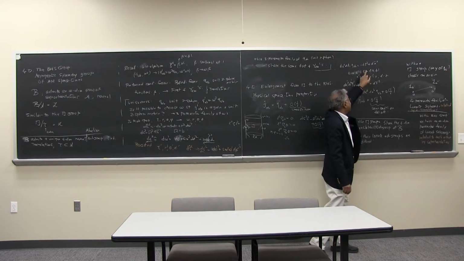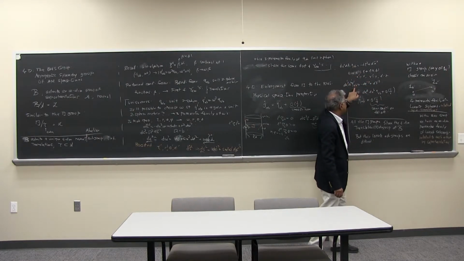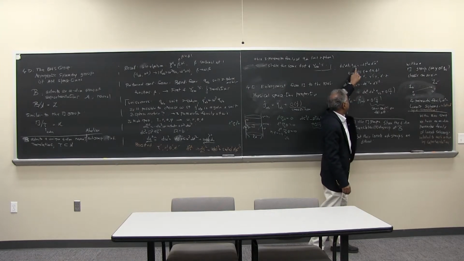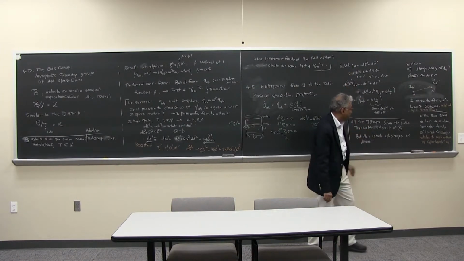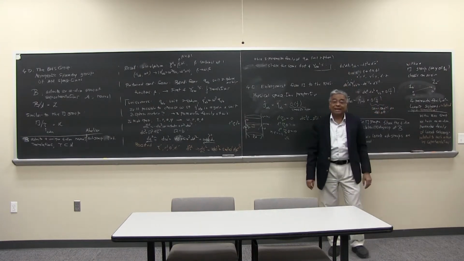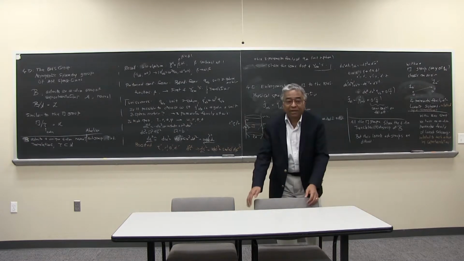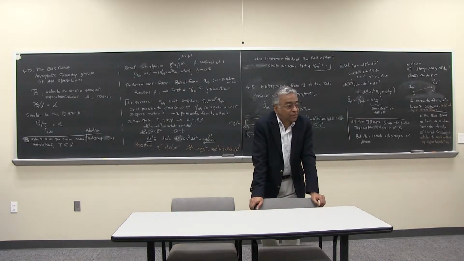You can just check that the translation group of eta is the same as the translation group of eta prime, but the Lorentz groups of eta are different from the Lorentz groups of eta prime. These angle-dependent translations have Lorentz groups associated with them, and these are the different ones, and that is why we got an enlargement of the symmetry group from the Poincaré group to the BMS group.